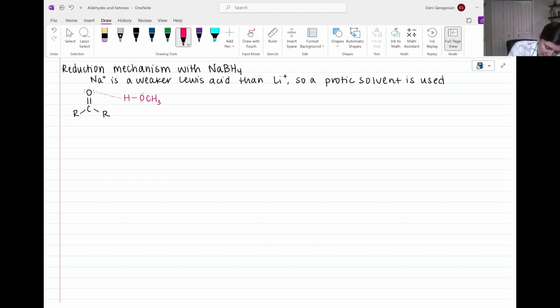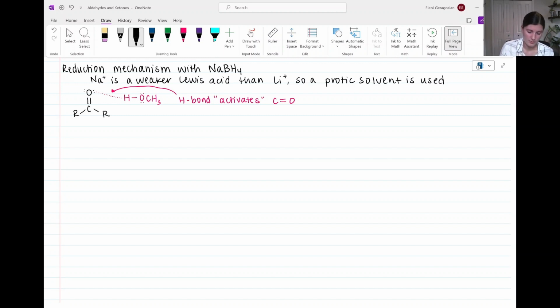So this hydrogen bond interaction here activates the carbonyl, carbon double bonded to oxygen. This has a similar effect to the oxygen coordinating to the lithium. It pulls electron density away even further from that carbonyl carbon.